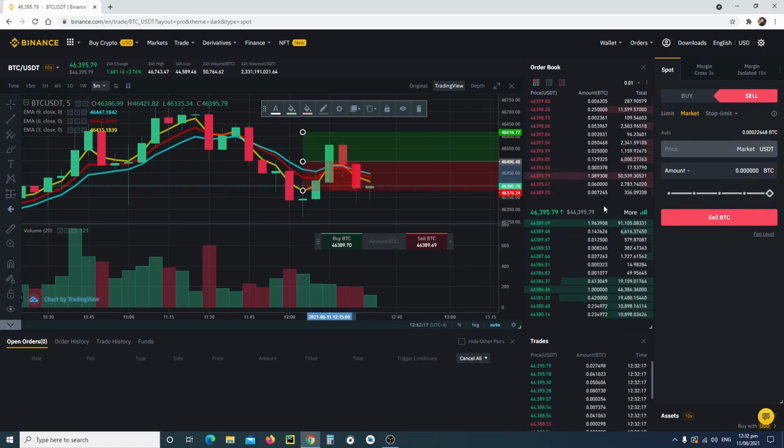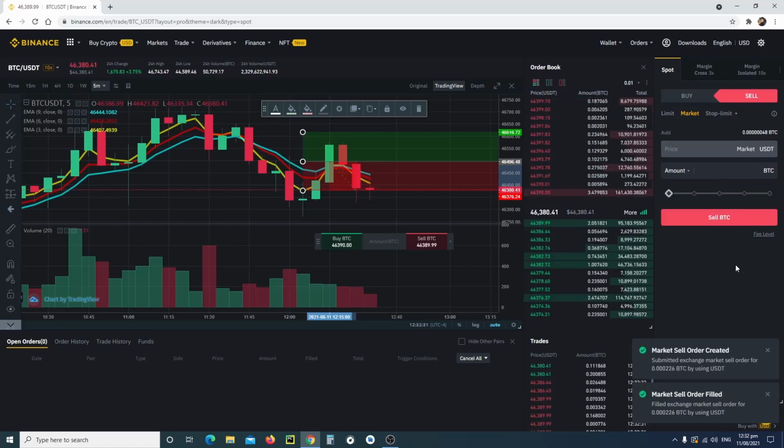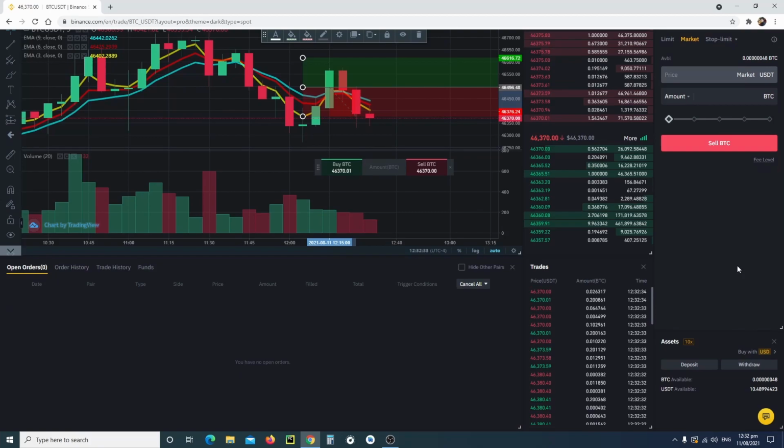This is just for educational purposes, so we're just going to sell. The amount we want to sell is the max BTC that we have. So we created a sell order. Notice the value went down by a few cents, so we lose a little in that trade.